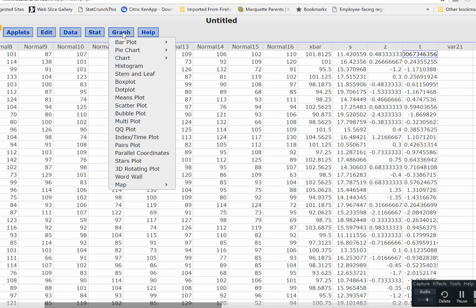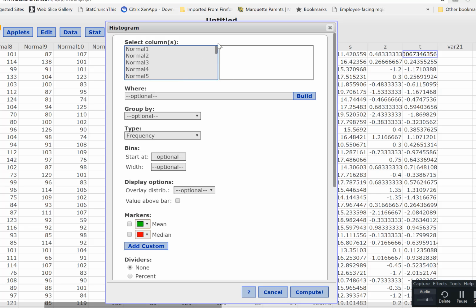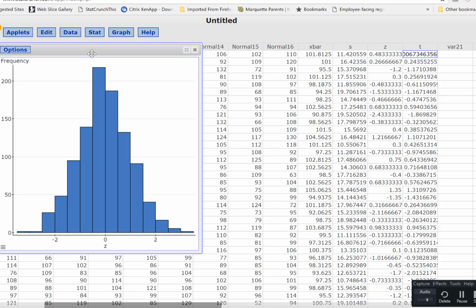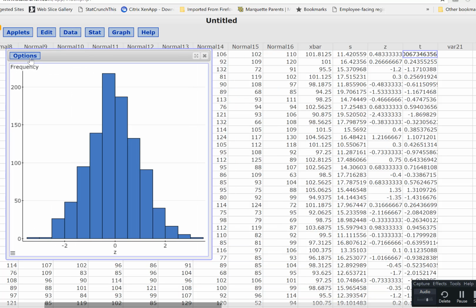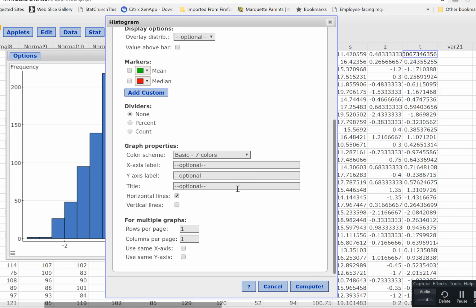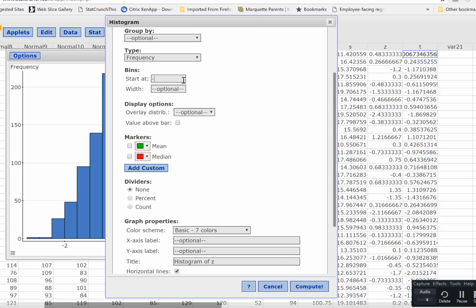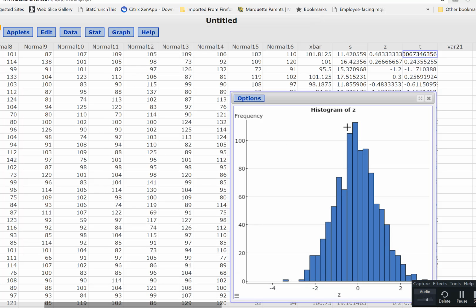Graph, a histogram of Z. Let's just see what it looks like. There it is, right? So let me title that, I forgot to. Histogram of Z. Start at -5 with a class width of 0.25, just so that we're consistent.